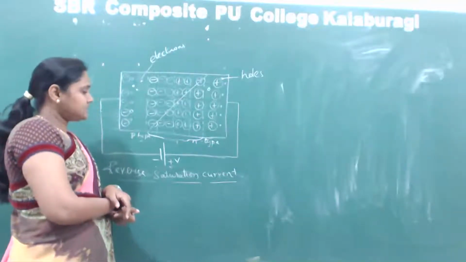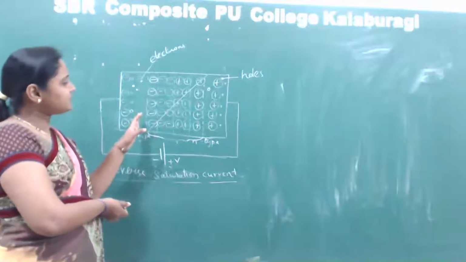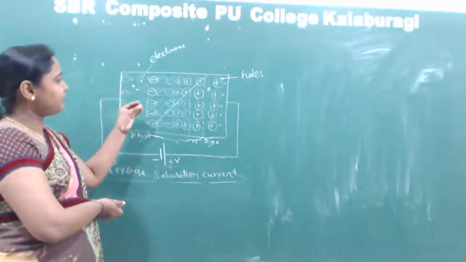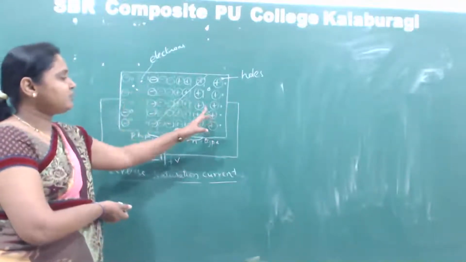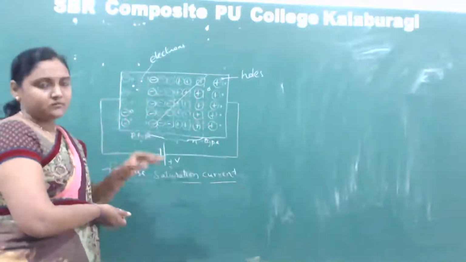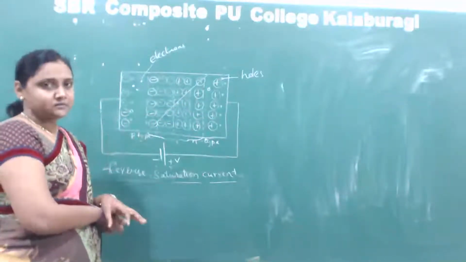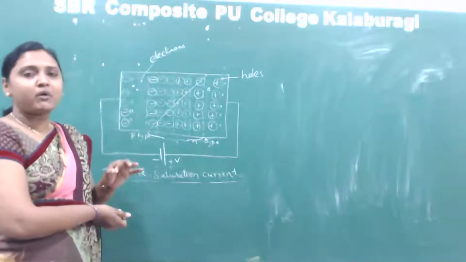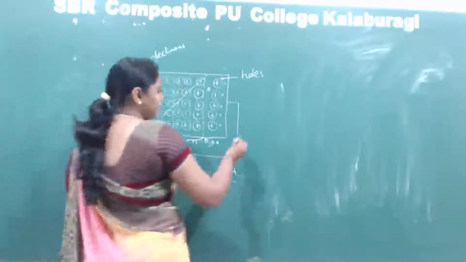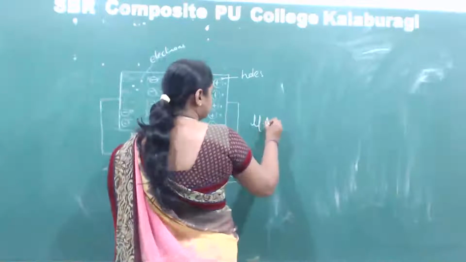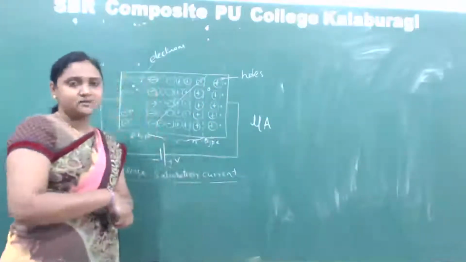As it is acting as a forward bias to the minority charge carriers, very few electrons and very few holes move, or conduct, resulting in a very small amount of current in the form of microamperes. This current is known as what?